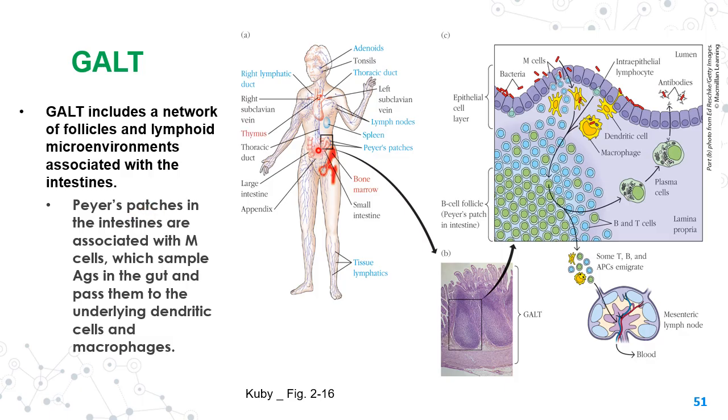If you look in the intestine, you're going to see that the villi and the microvilli have little areas with a concentration of immune cells. It's just like a lymph node, but it's not encapsulated. It looks like a lymph node but doesn't have a capsule. This is a main difference between Peyer's patch and lymph nodes.